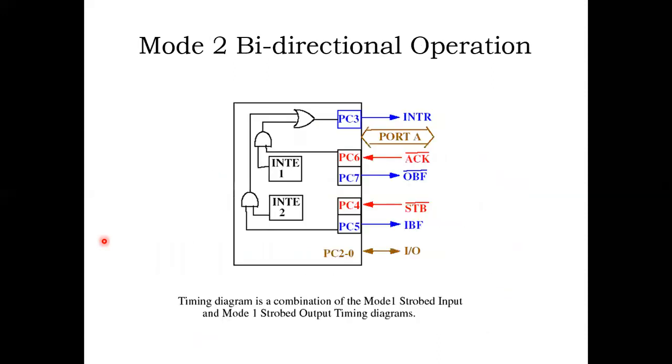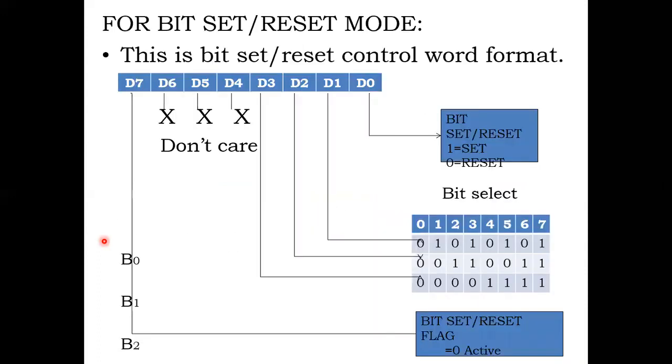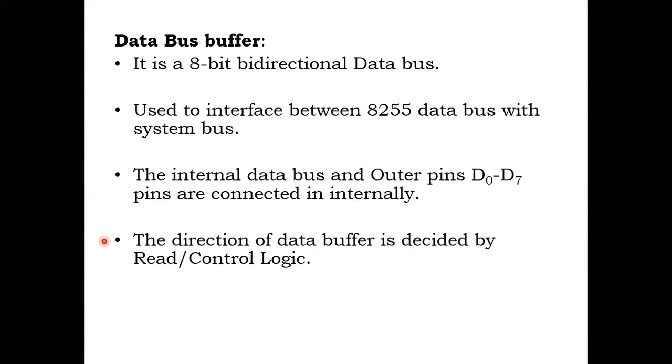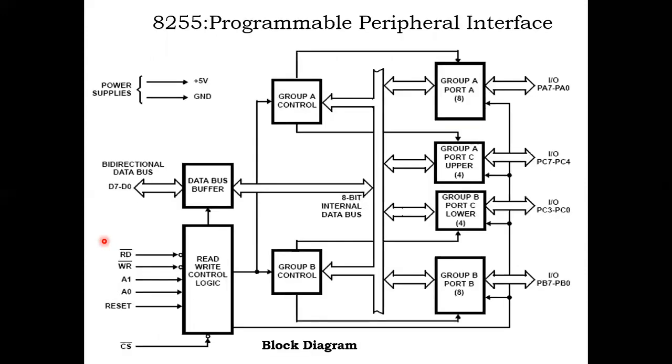Then the bidirectional operation control signals. This is the 8255. It is one of the best interfaces for microprocessor communication. Next class we will see keyboard interfacing and LED interfacing.